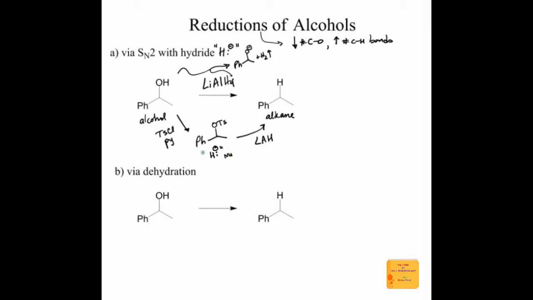Remember, we put little quotes around it because it is always coordinated with the aluminum. That's the nucleophilic hydride that we have, and it will, in fact, do an SN2. And that would be a way of replacing a leaving group with a hydrogen, in this case, a tosylate with a hydrogen. So overall, our transformation has been to reduce the alcohol.